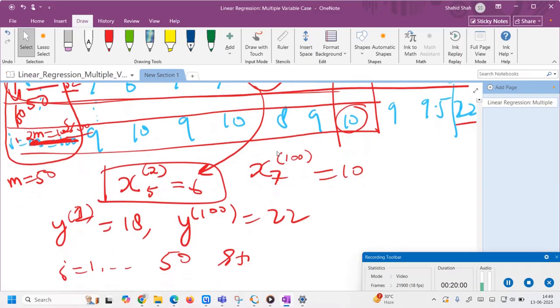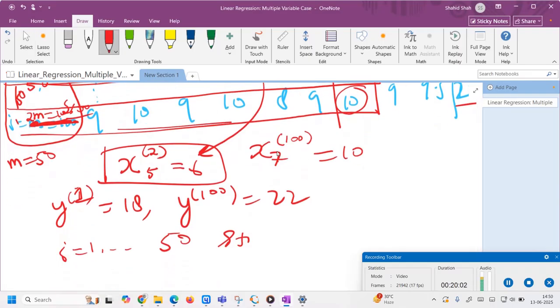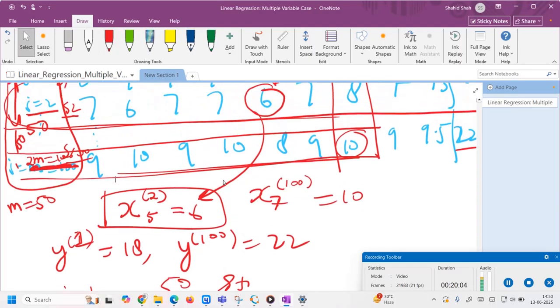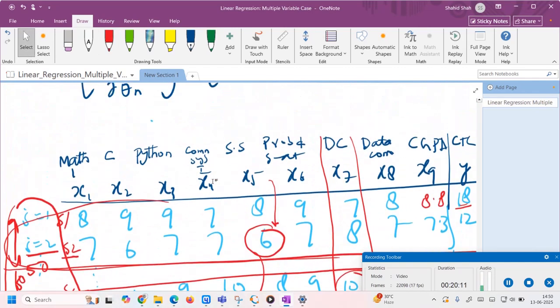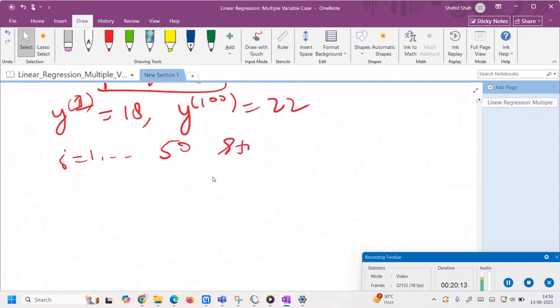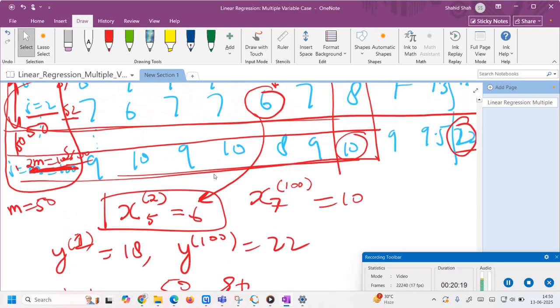Suppose you have these 100 students. I know that the actual CTC of student 100 is 22. But what I will do is, from the first 50 students, I will learn values of theta 0, theta 1, up to theta n. And then I will feed as input this 9, 10, 8, 9, 10.